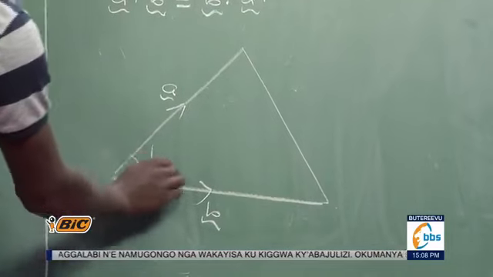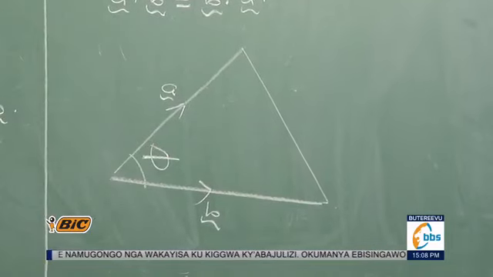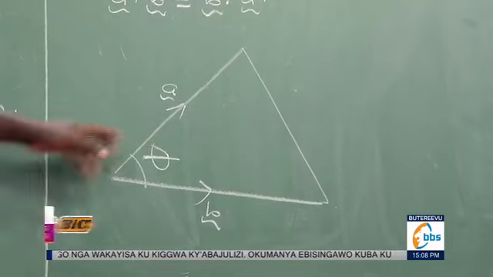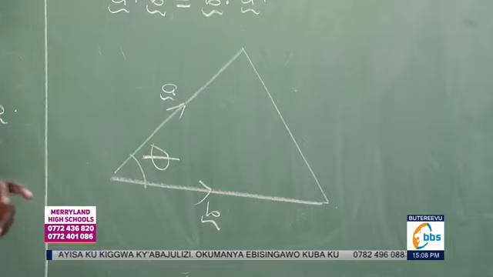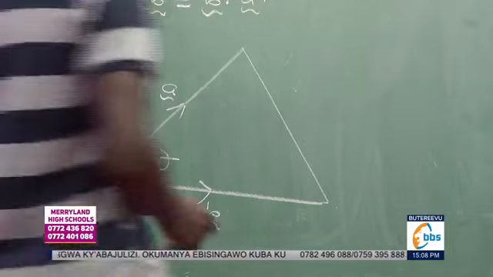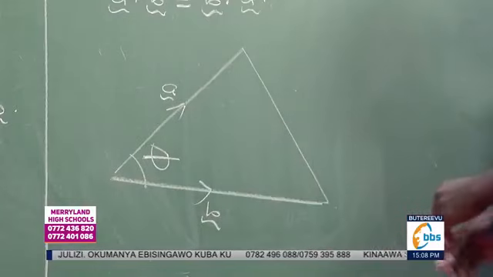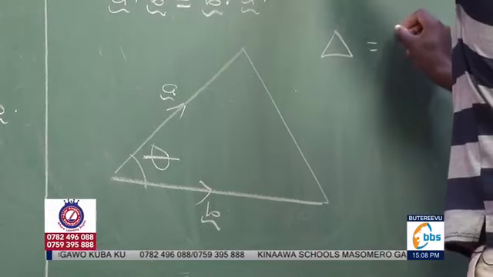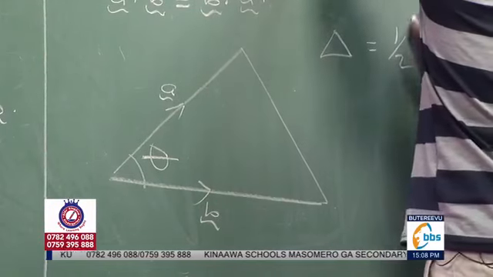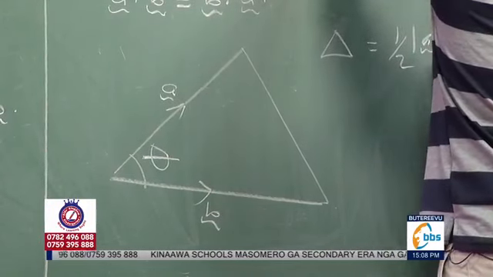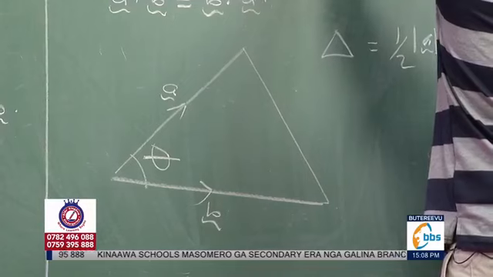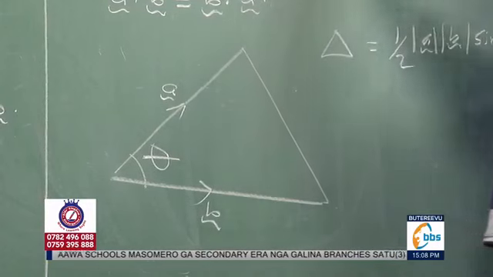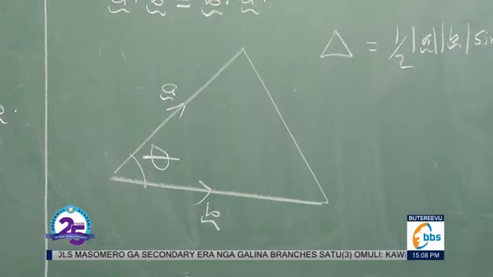If the angle between the vectors A and B is theta, then we know from trigonometry that the area of that triangle is given by a half times magnitude of A times magnitude of B times the sine of theta.